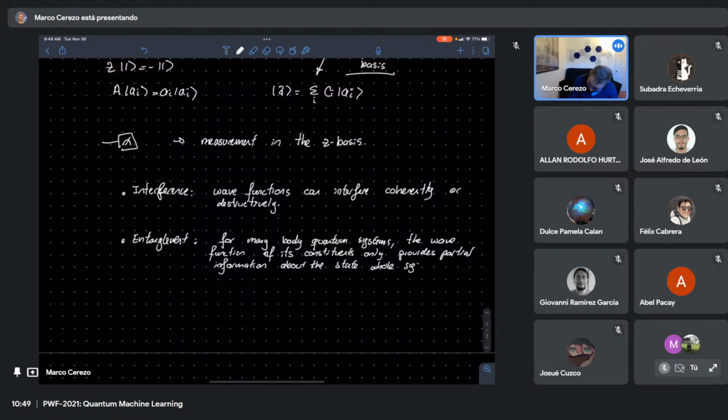So this tells us that, in general, quantum states are not going to be of this form. This is a tensor product.